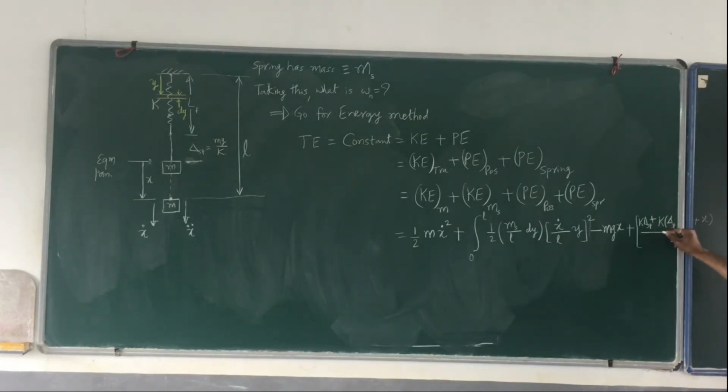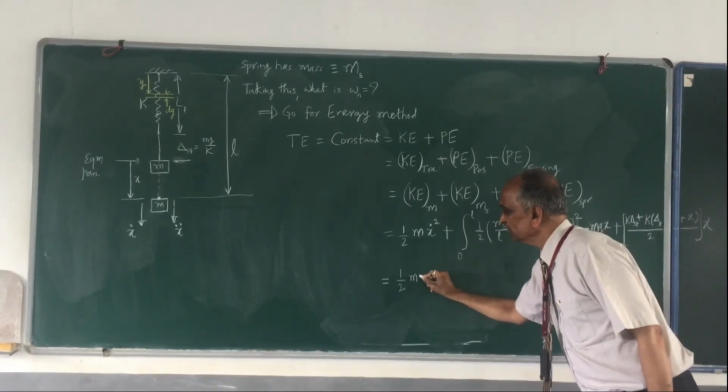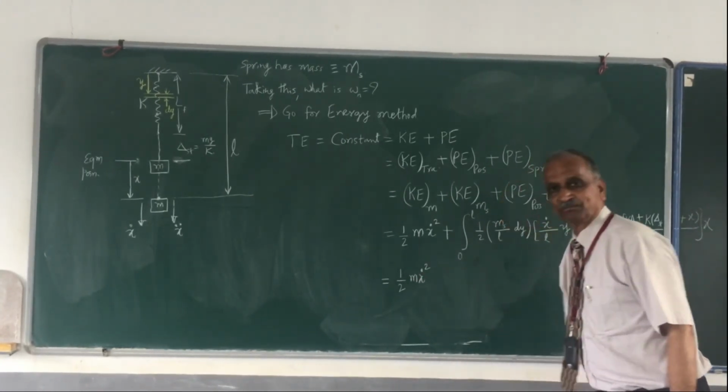The whole thing divided by 2 for the average, multiplied by the displacement, that is x. Therefore, simplify this now. This is half m into x dot square.